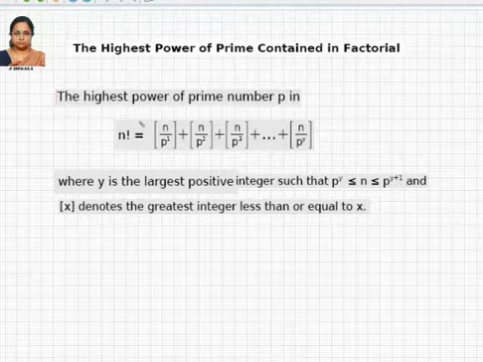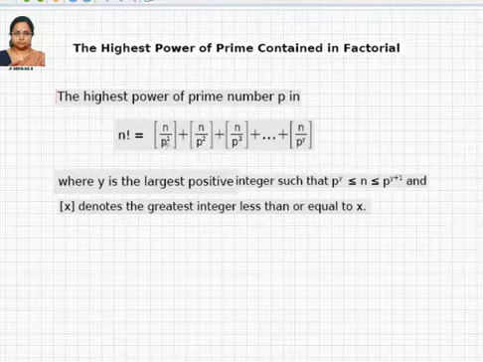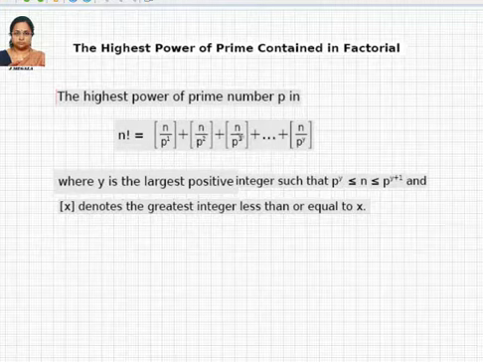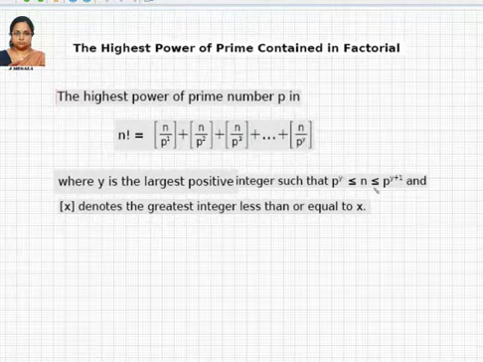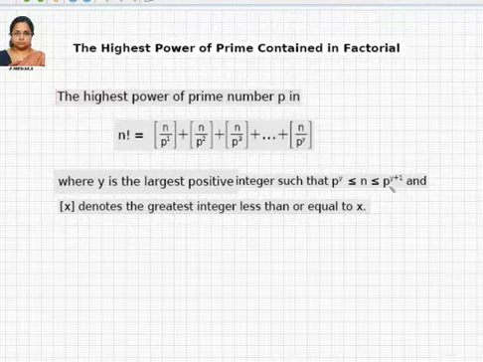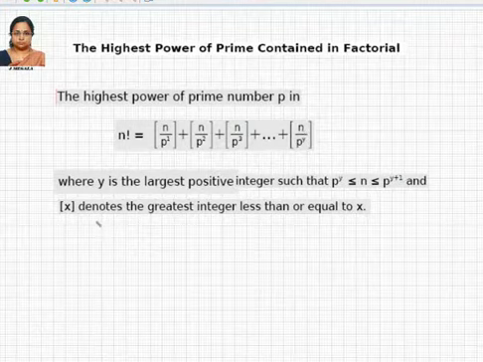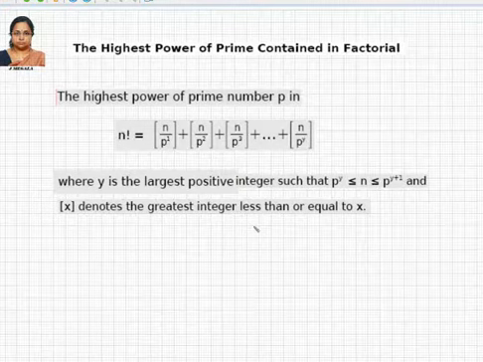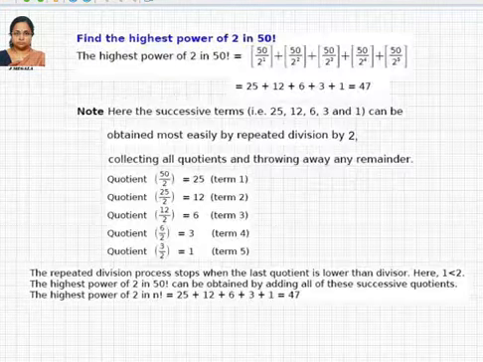The formula is: the power of p in n factorial is n by p to the power 1, plus n by p to the power 2, plus n by p to the power 3, and so on up to p to the power y, where p to the power y should be less than n, and the next power, p to the power y plus 1, should be greater than n. Each term takes the greatest integer which is less than or equal to x. I'll explain this in detail with an example.